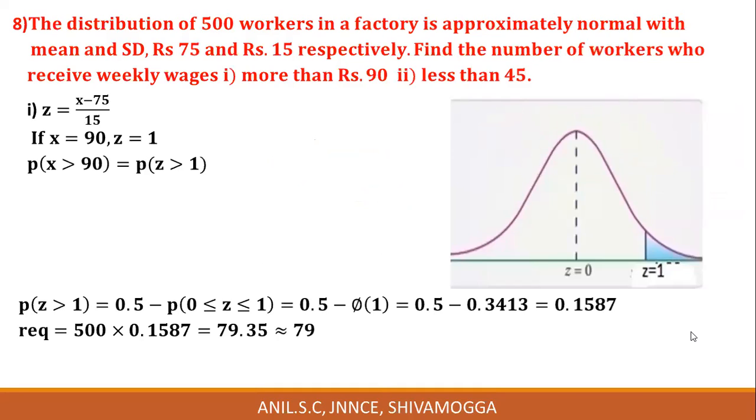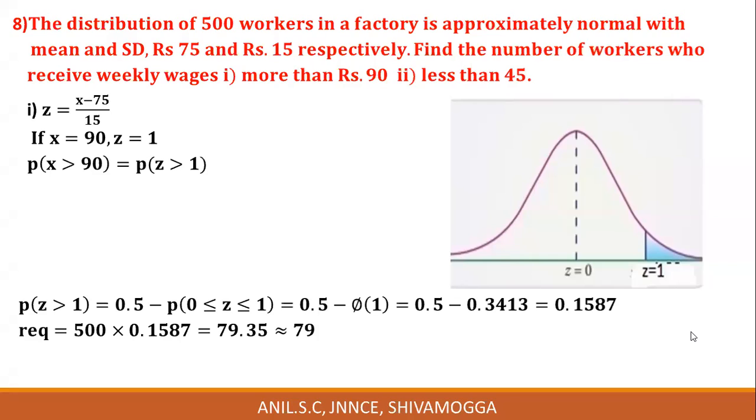Next, this one. Same kind of problem. The distribution of wages of 500 workers in a factory is approximately normal with mean and standard deviation 75 and 15. Find the number of workers who receive wages more than rupees 90, less than 45.